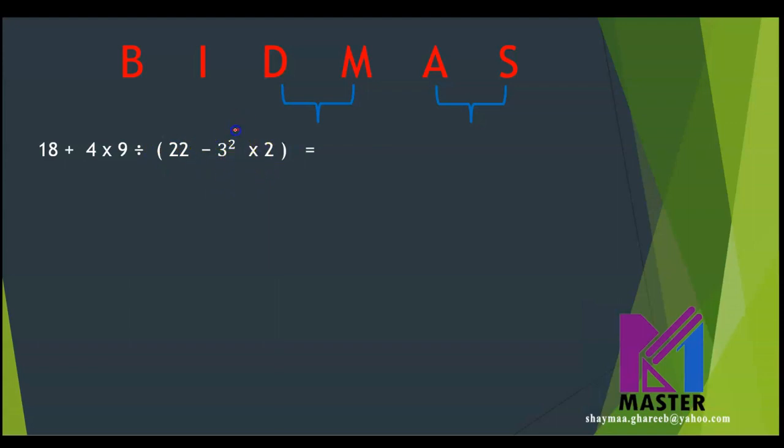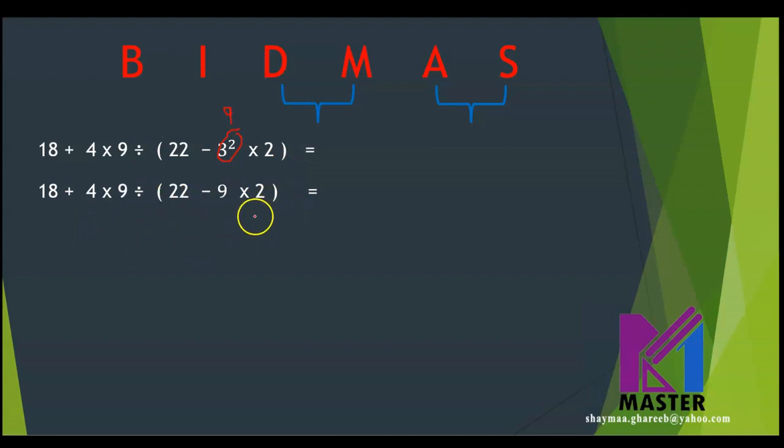So of course I will start with the indices. 3 to the power of 2 or 3 squared, which means 3 times 3, which is number 9. So I will write all the sentence again, and I will write the 3 power 2 as 9. I will keep everything else as it is in its position.